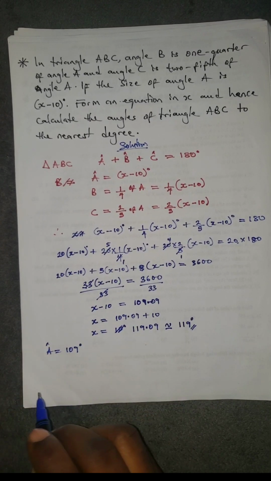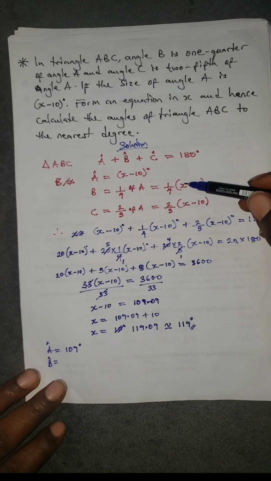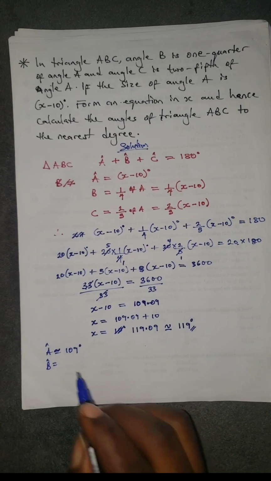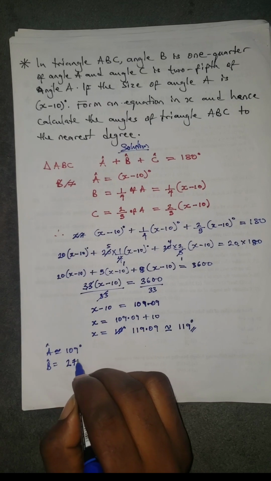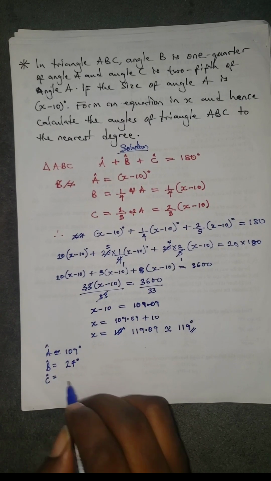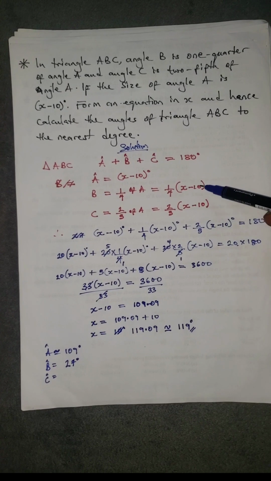That's angle A. Angle B equals 109 divided by 4. So that will give us approximately 27 degrees. Then C, which is 2/5. Okay, so we have 109, because x minus 10 is 109.